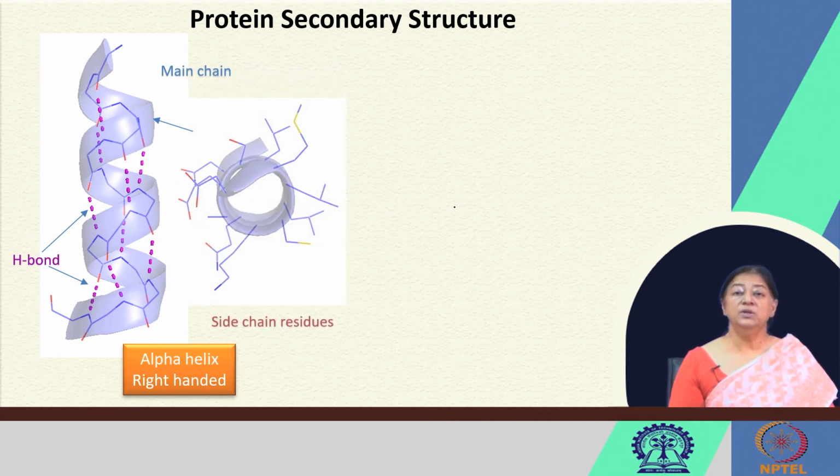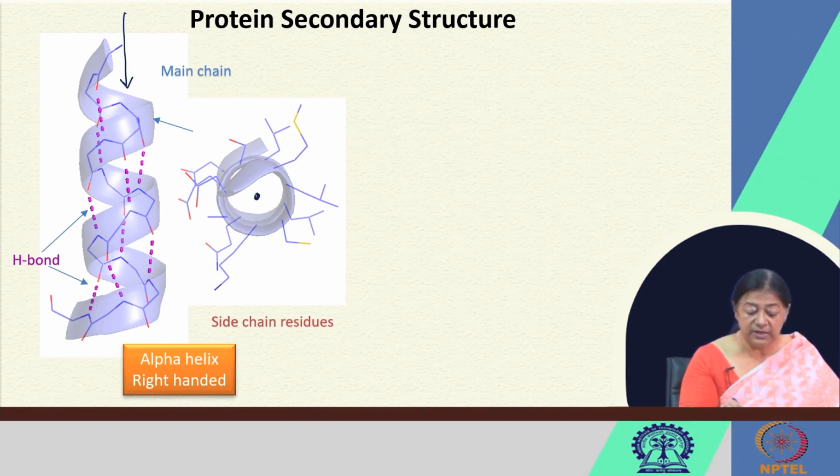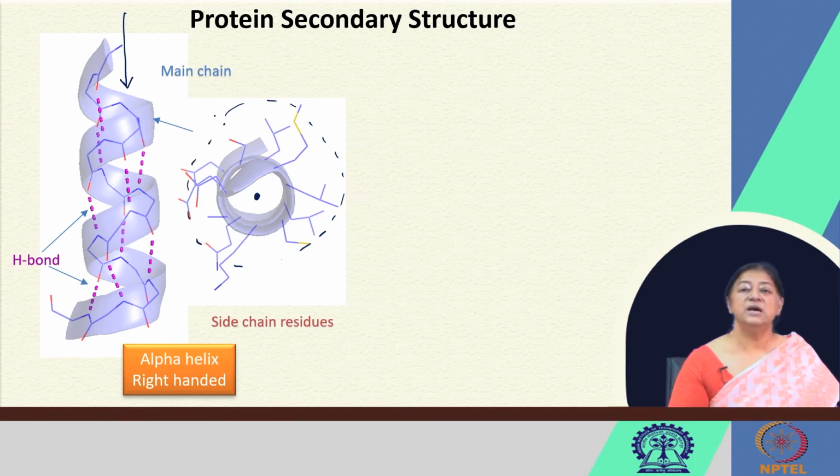When we look down the helix axis, this is what we will see. Surrounding the helix axis, all the side chains protrude out from the helix axis. We will see how this is important in several aspects.